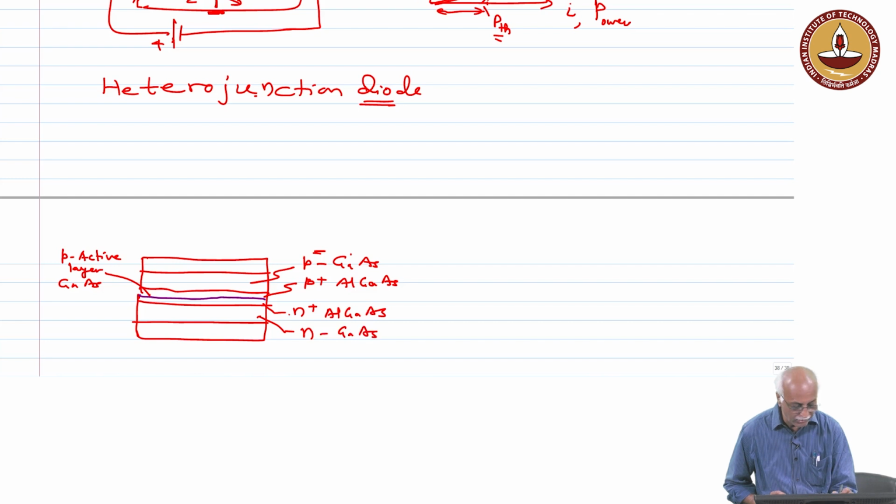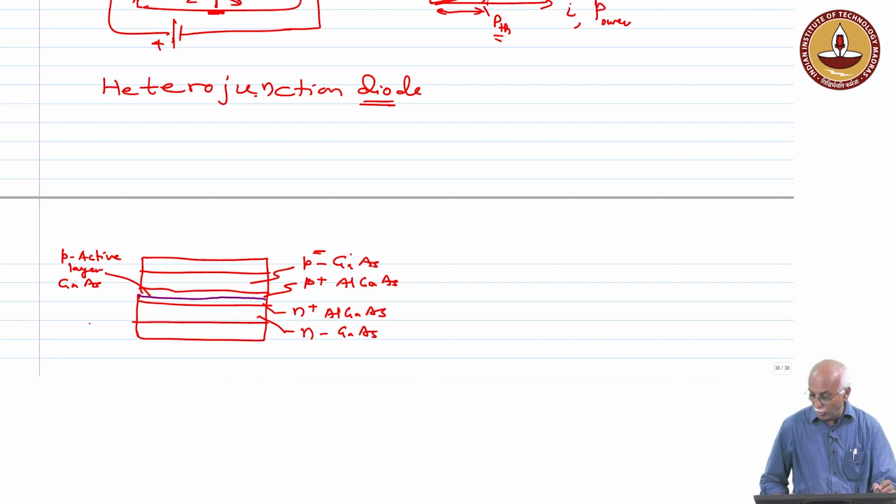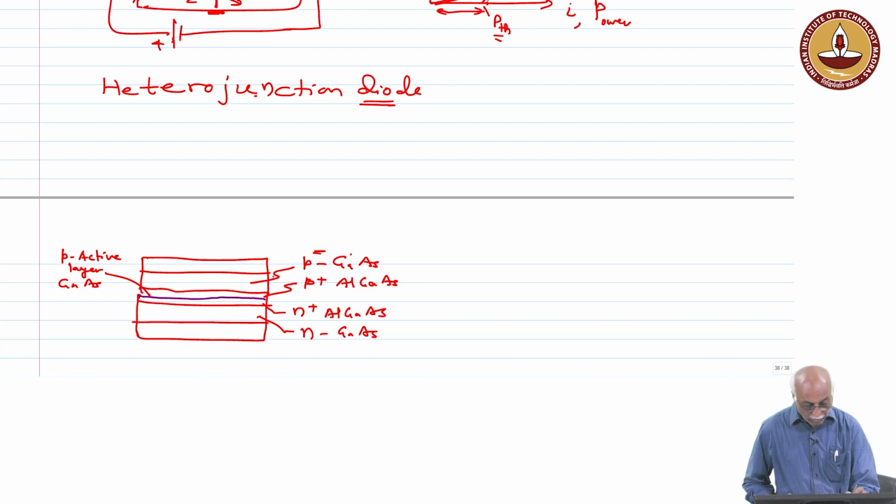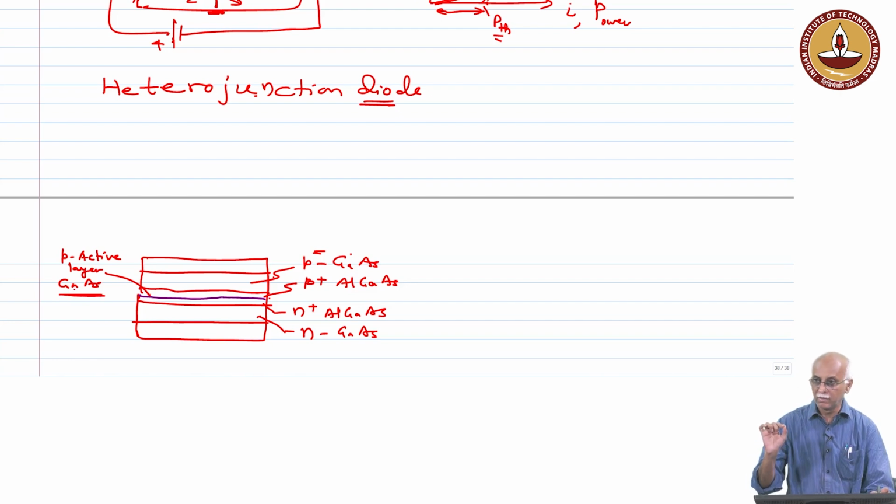Gallium arsenide maybe. So, it is a heterojunction such that all of these layers have band gaps very near to each other. However, the band gap of the active material is slightly smaller, slightly lesser.